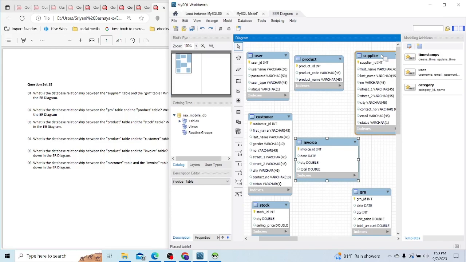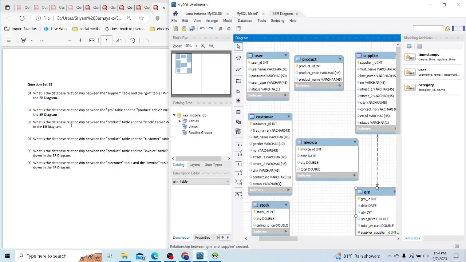That's given by the supplier, and that's called a good received note. A supplier can give multiple good received notes because when he supplies goods for the first time, he will give one good received note, the next time another, next time another. So we can create a one-to-many relationship between these. There can be many good received notes by a single supplier. So this is the relationship.